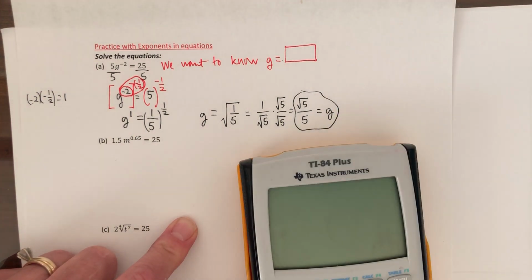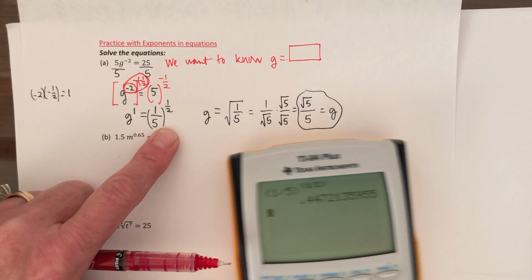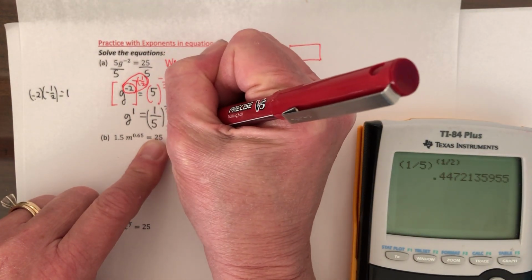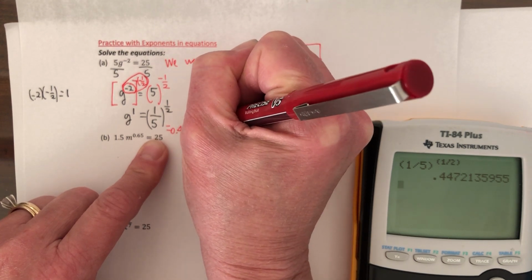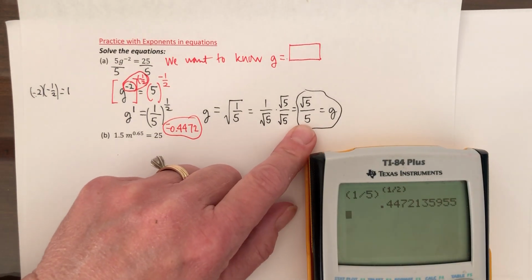Let's see what our calculator says about that. Okay, say that right here we had just typed in 1 divided by 5 to the 1 divided by 2 power. So from right here, it tells me that the answer is g would be 0.4472 if we wanted 4 decimal points. Okay, let's do this guy also and see if we get the same thing.